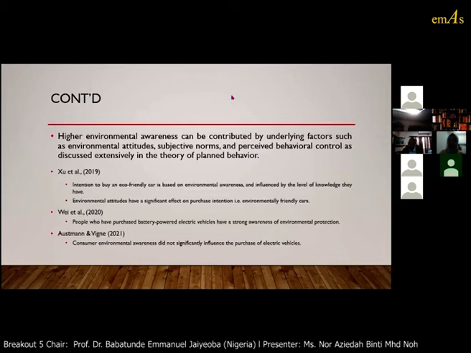So it is important to look at the fuel subsidy deeply, so that we can identify the best way to mitigate the carbon emission caused by the road transport sector.